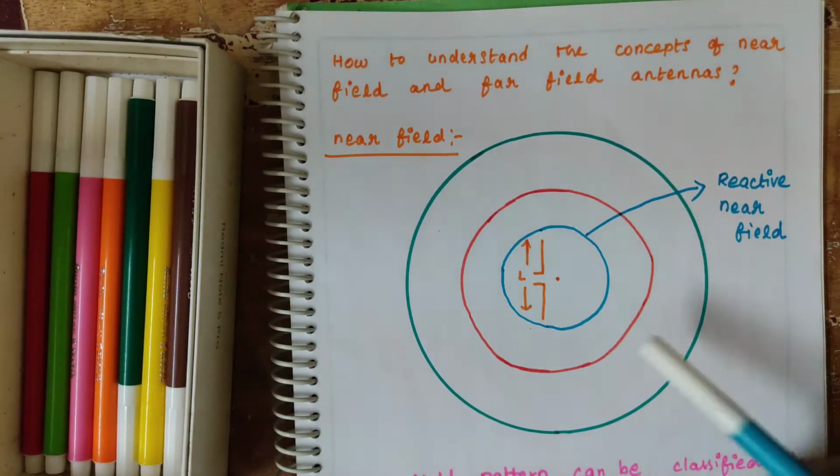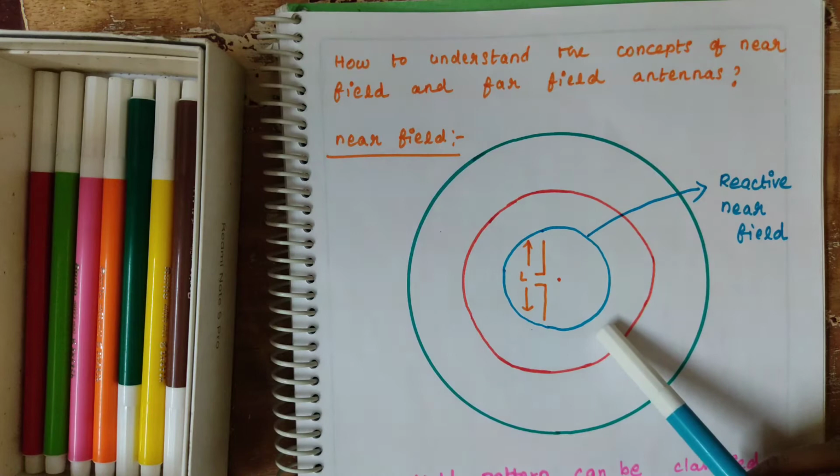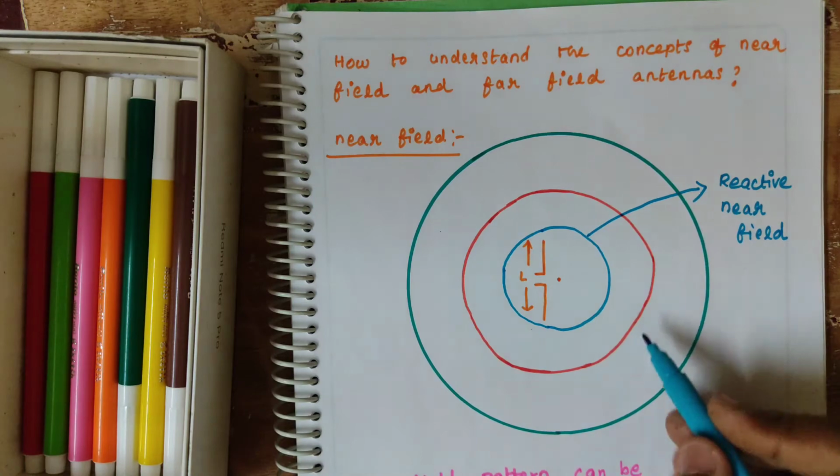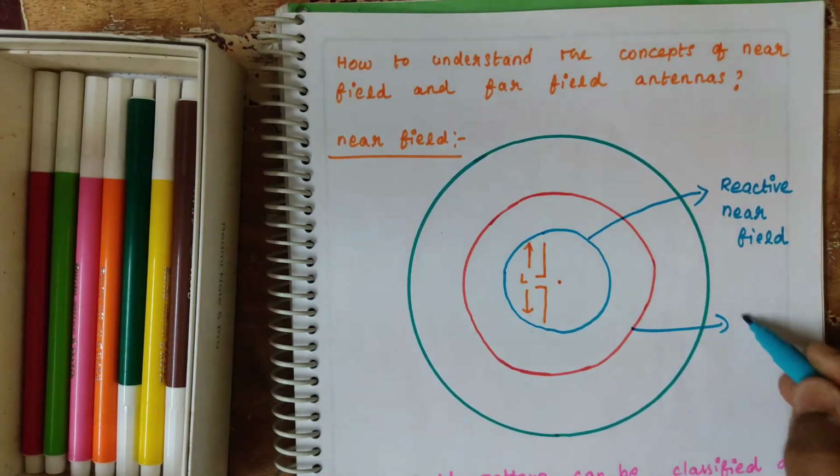The field which is very near to the antenna is reactive near field or non-radiating field, where the radiation is not predominant, and the region next to it can be termed as radiating near field region.